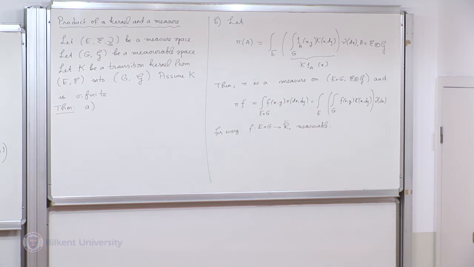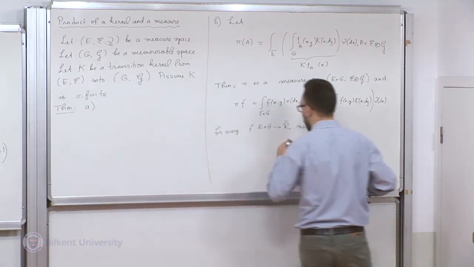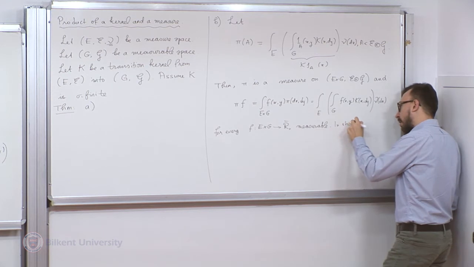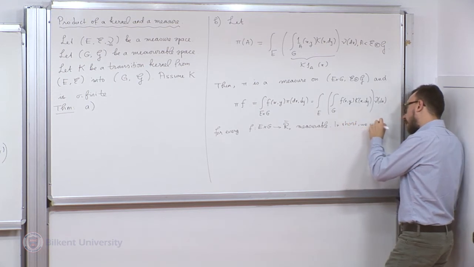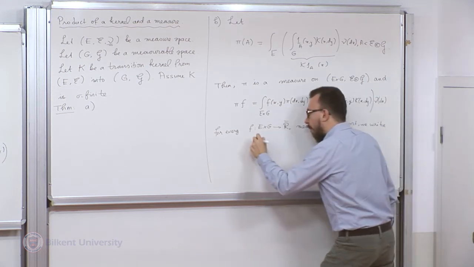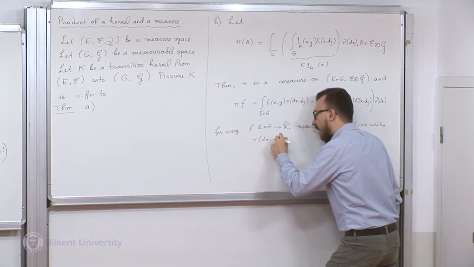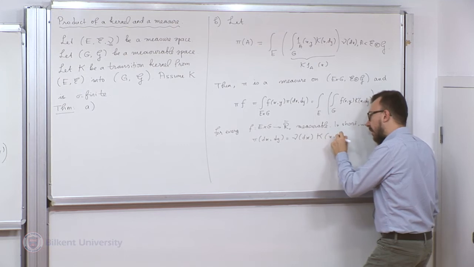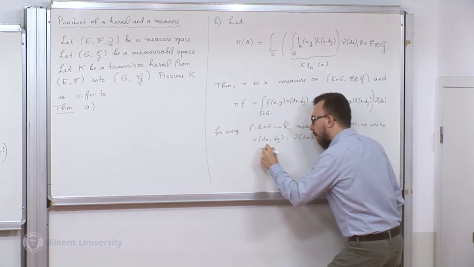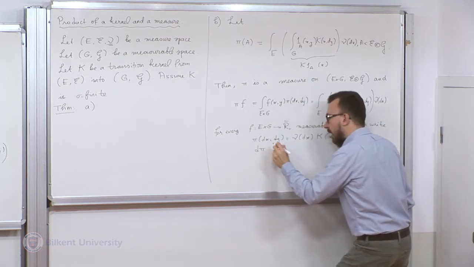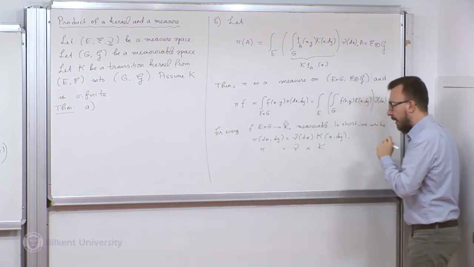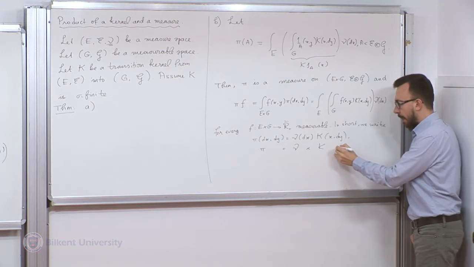So in short, we write pi dx dy is nu dx kx dy, or pi is the product of nu and k. Okay.